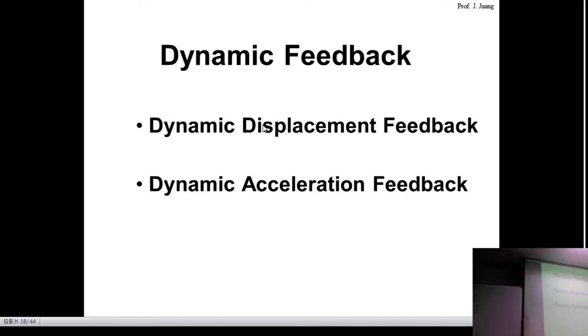But in practice, we don't do that because your measurement always has noise and uncertainties. When you differentiate a signal with noise and uncertainties, you amplify the uncertainties and also the noise. So you can't trust that differentiation at all.